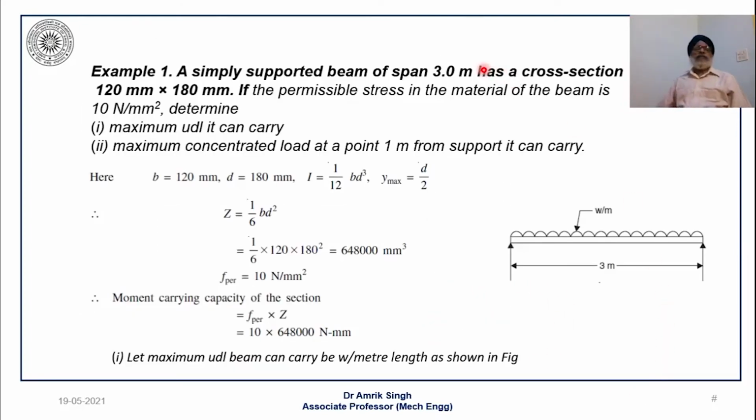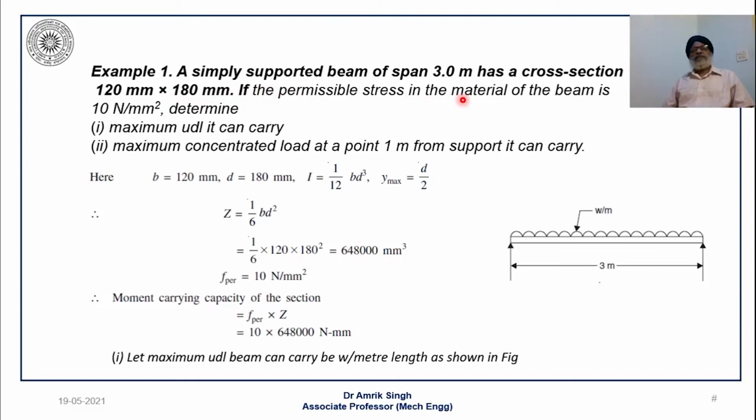Now we can see one or two examples of how to make use of this formula in different situations. So let us take the first example. It says that a simply supported beam of span 3 meters has a cross section of 120 by 180 mm. That means it is a rectangular cross section.